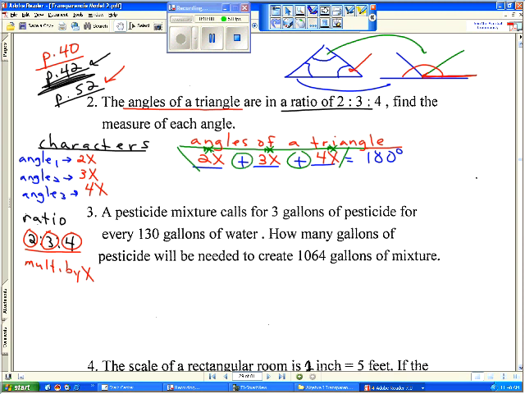To add or subtract, what has to be true? Names have to be the same. In algebra, we call them like terms. So we're going to combine like terms and get 9x is equal to 180 degrees. Now we're going to undo multiplication by division, and we get x is equal to 20 degrees.